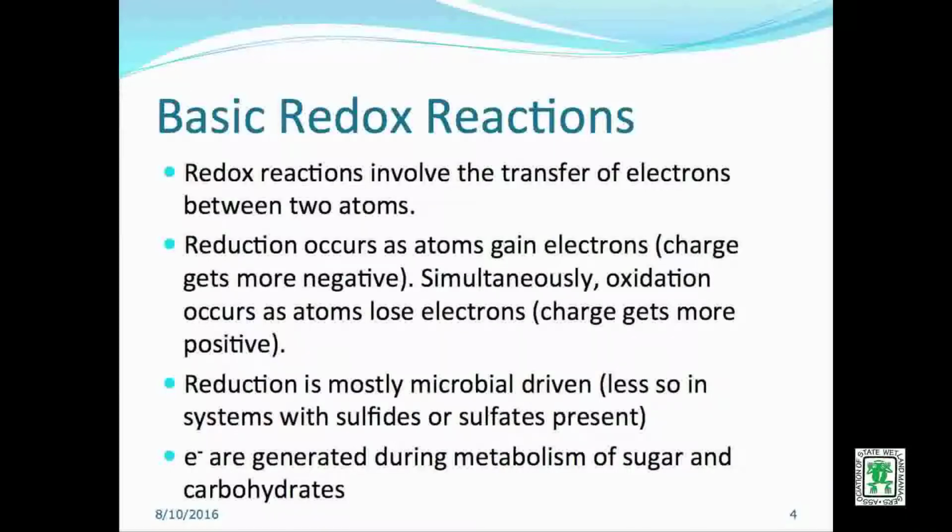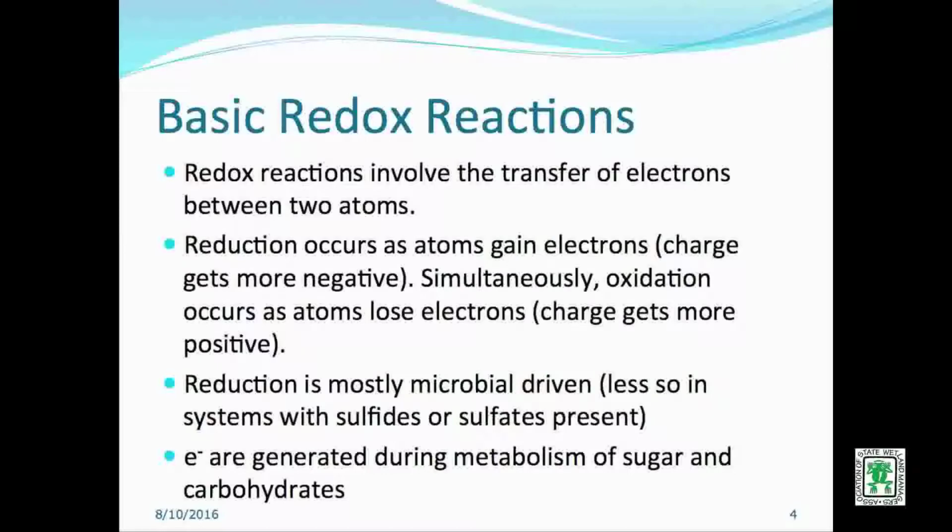All right, so redox reactions involve the transfer of electrons between two atoms. And this transfer occurs simultaneously. As one atom donates electrons or gives them up, another atom simultaneously gains those electrons.